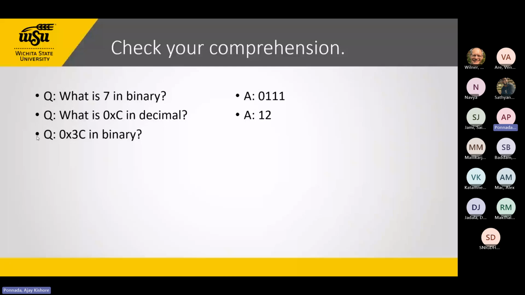And in binary, what's hexadecimal 3C in binary? That should be easy. So heads up, hexadecimal is going to be represented in 4 binary digits. Don't trust the professor, he's going to lead you to a wrong answer.